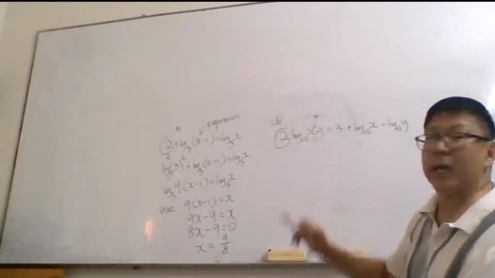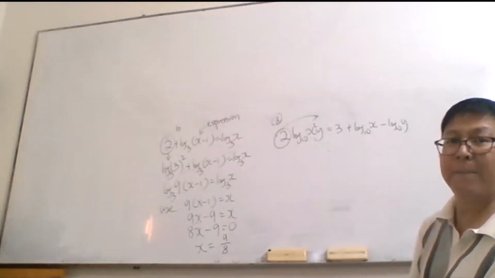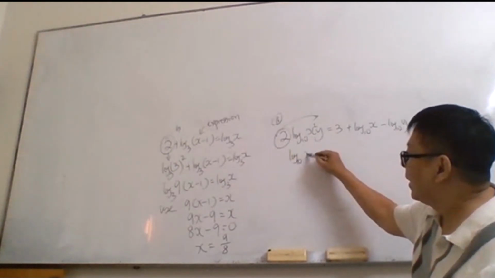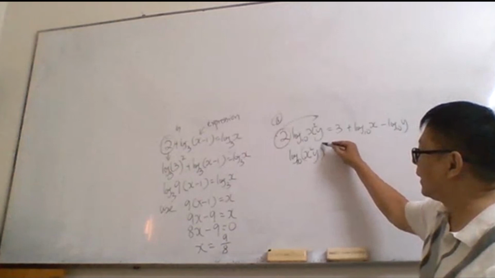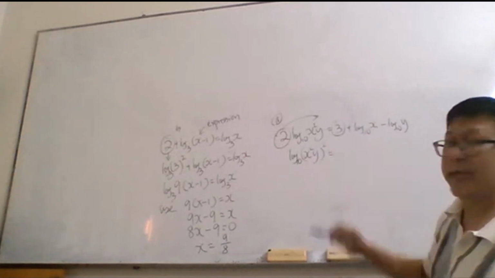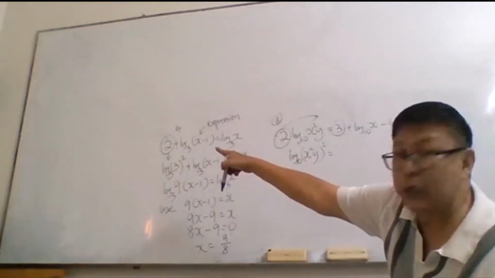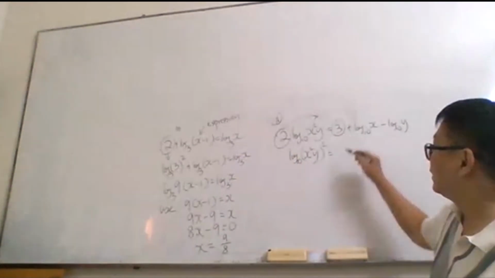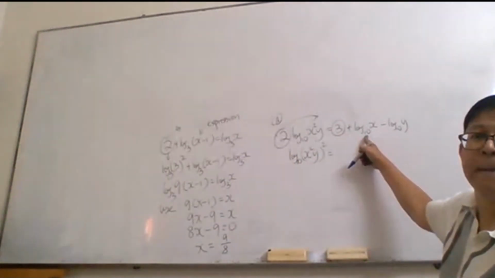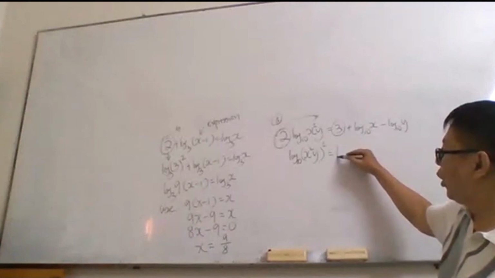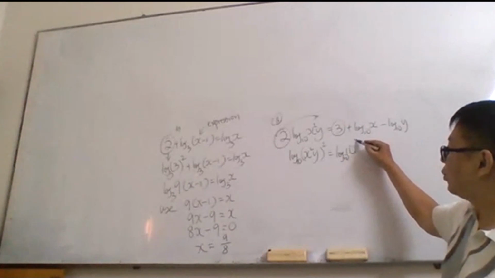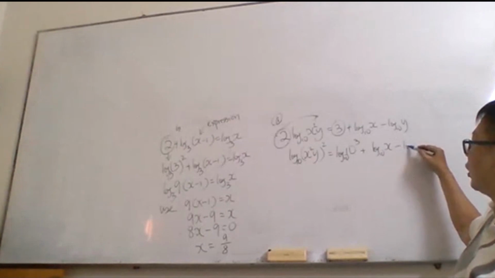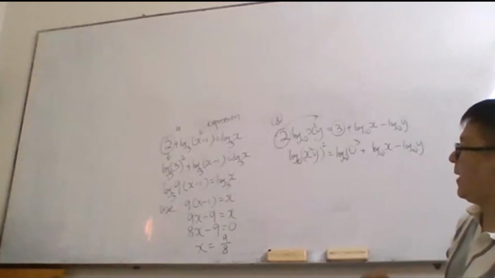I will shift and move it up, so it becomes log 10 of x squared y, all squared. And this 3, similar to the 2, refers to the power, because this is logarithm base 10. So I will put log 10 to the power of 3, and log 10x minus log 10y for the time being.